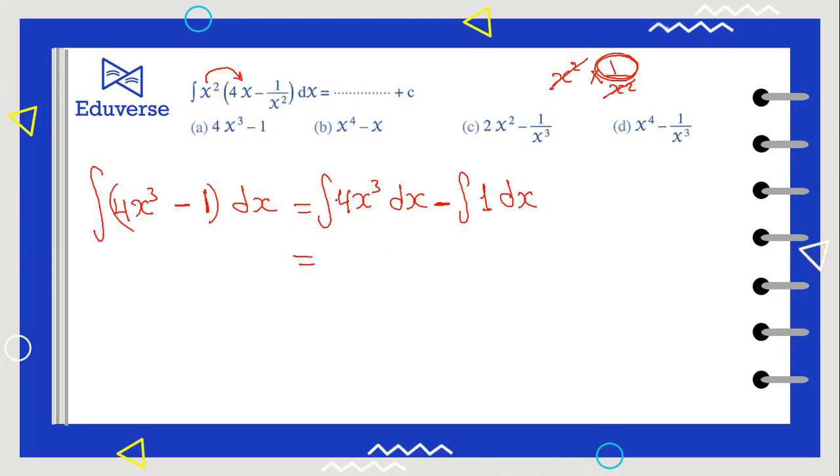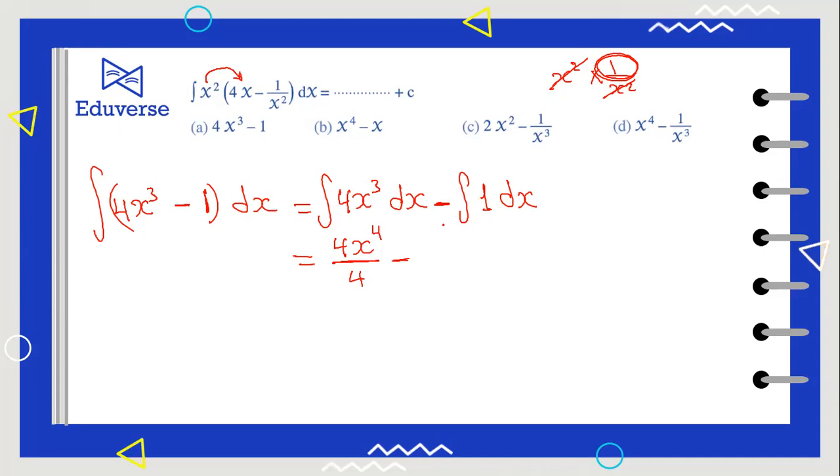Integration adds 1 to the power and divides by the new power. So 4x: adding 1 to the power 3 gives power 4 over the new power 4. Minus the integral of 1, a constant. To integrate a constant value, just put x.